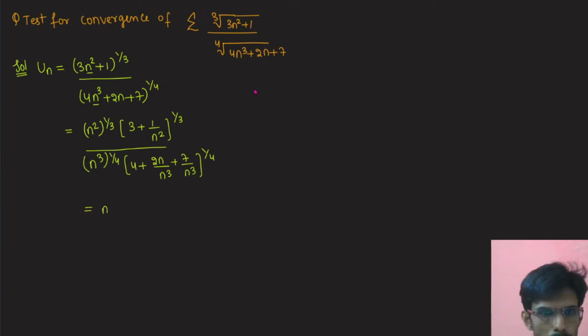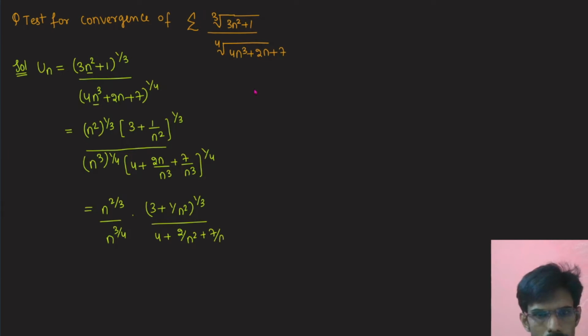Now this will become n power of 2 by 3 upon n power of 3 by 4. Here we are having 1 plus 1 by n square whole power of 1 by 3 upon 4 plus 2 by n square plus 7 by n cube whole power of 1 by 4.